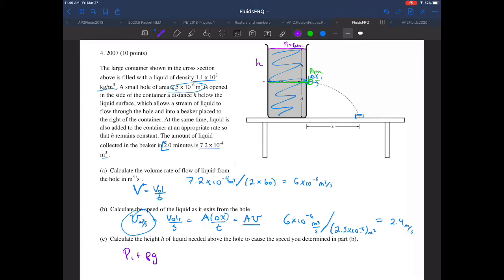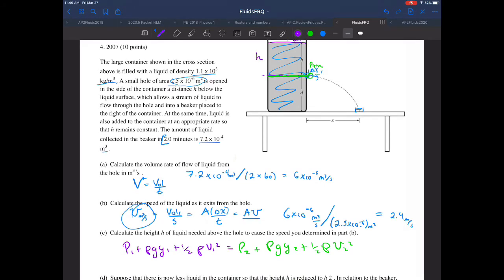P1 plus rho g y1 plus 1/2 rho v1 squared equals P2 plus rho g y2 plus 1/2 rho v2 squared. Now, let's replace some terms. So this is actually going to be P atmosphere, and so is this. Next, we can say that the water is not moving in the container, right?